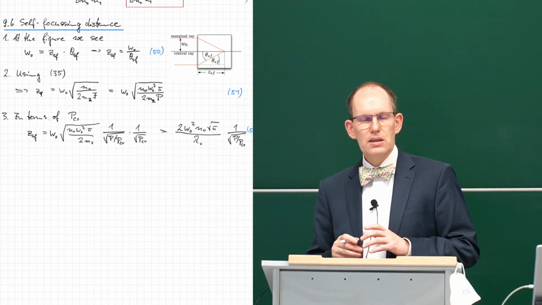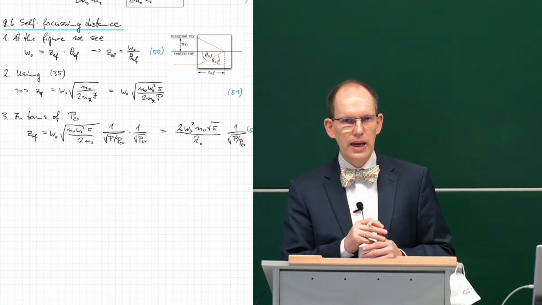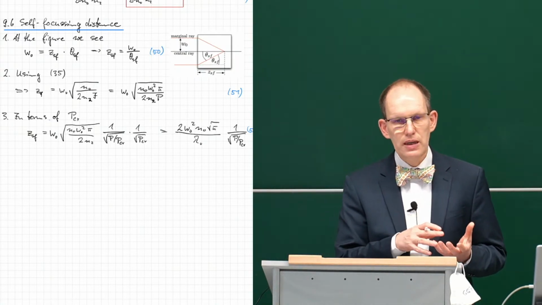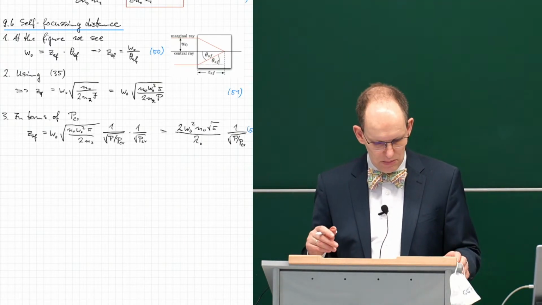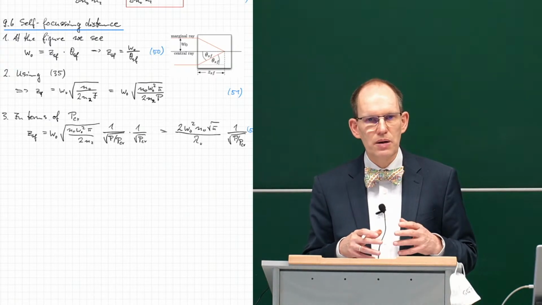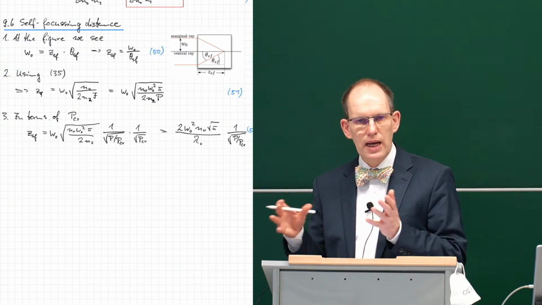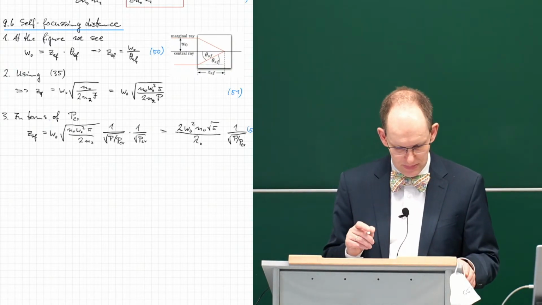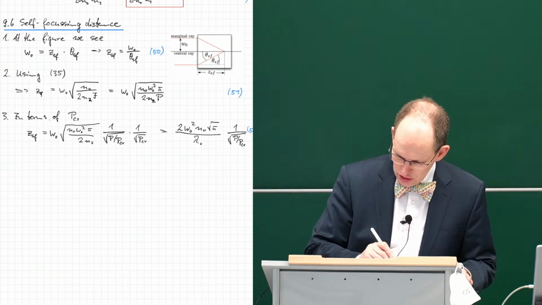This is okay as long as we neglect diffraction. If we want to include diffraction, then we have to find an expression for the angle that includes both, namely the self-focusing angle and the diffraction angle. And we do this for a Gaussian beam.